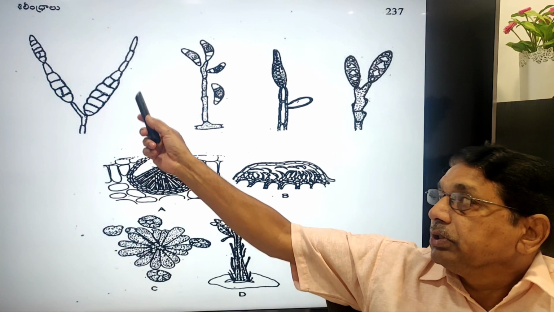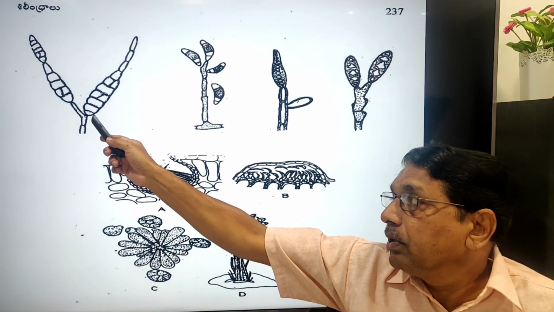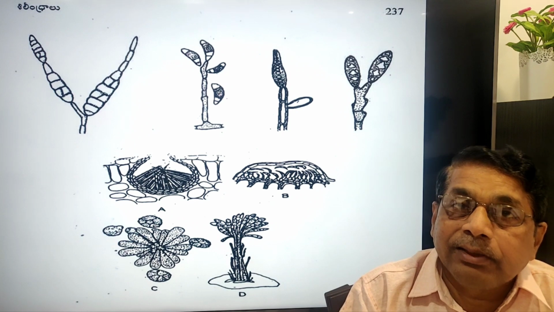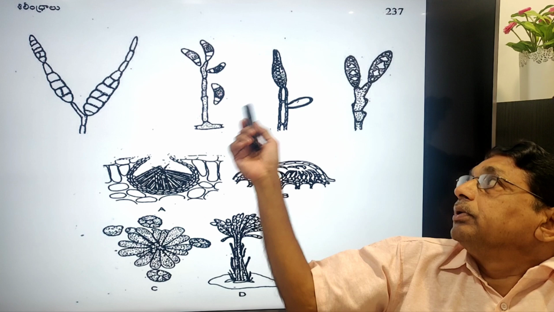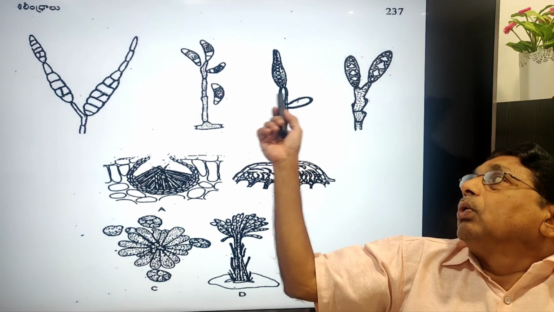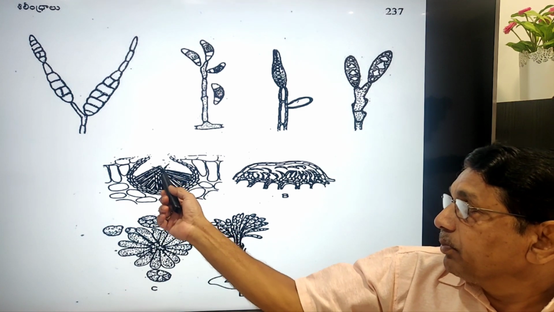So these are some of the fungi of Deuteromycetes. Alternaria causes early blight. This is Curvularia. These two are Helminthosporium. This is an acervulus type of fruit body.